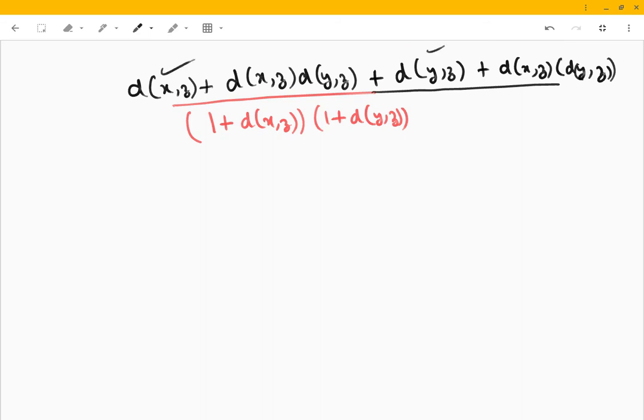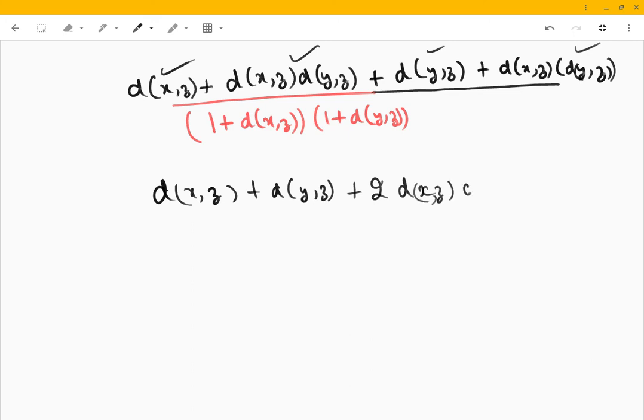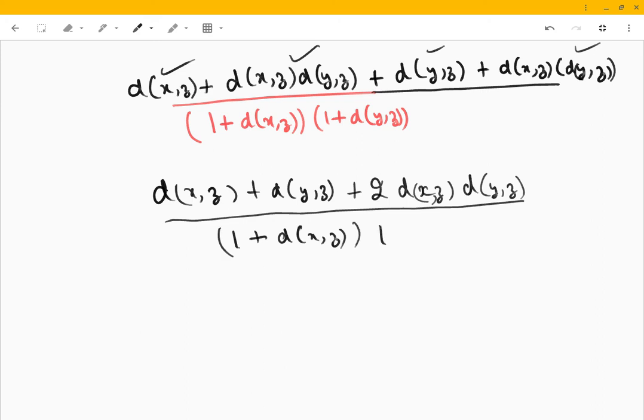d(x,z) d(y,z) plus d(y,z), plus these are the same quantities, right? Yeah. So twice d(x,z) d(y,z), over 1 plus d(x,z) times 1 plus d(y,z).